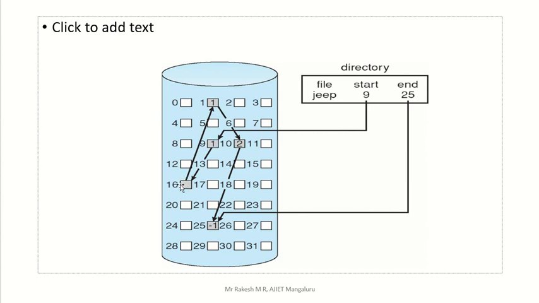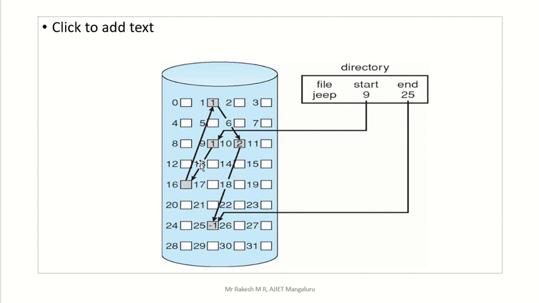From 9 to 16. So why are you moving from 9 to 16? There is no condition that you have to store continuously. You can store anywhere. Whatever blocks are related to that zip file, we can store them anywhere in the secondary memory. So here one small part we stored in 9, then the next part of that file is stored in 16.